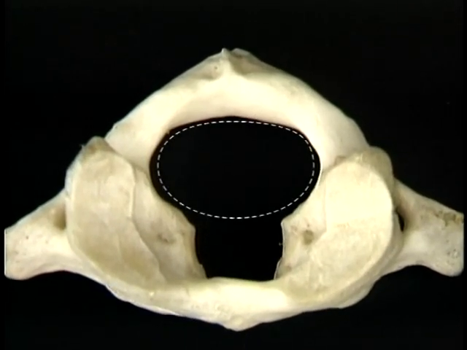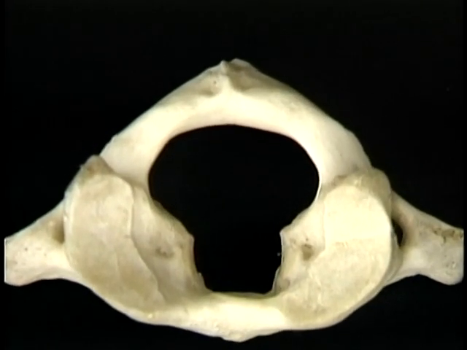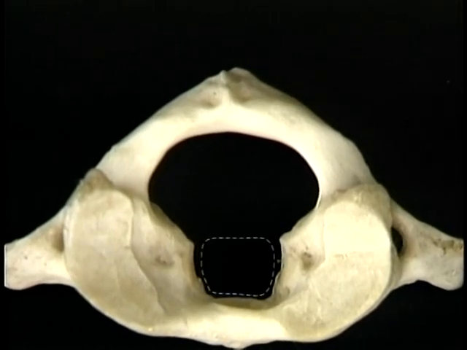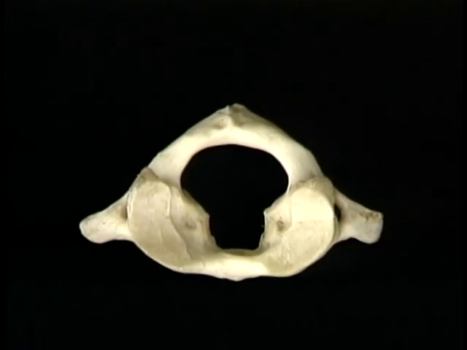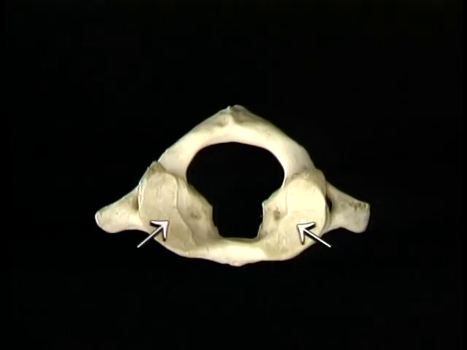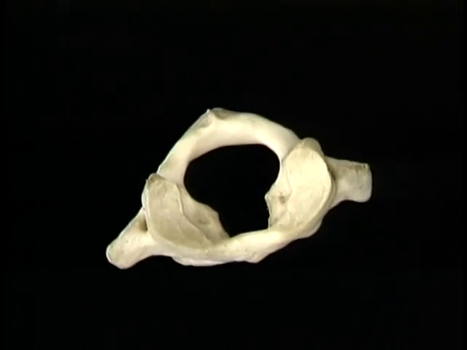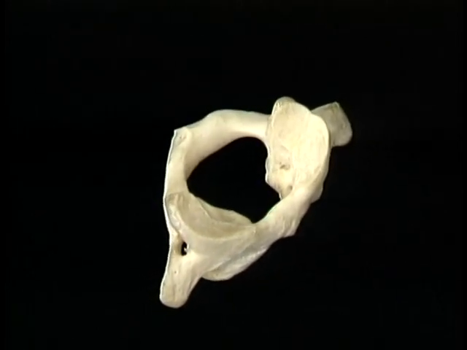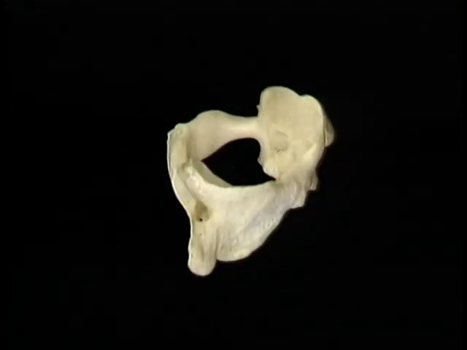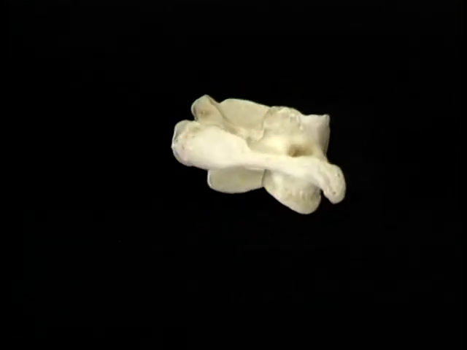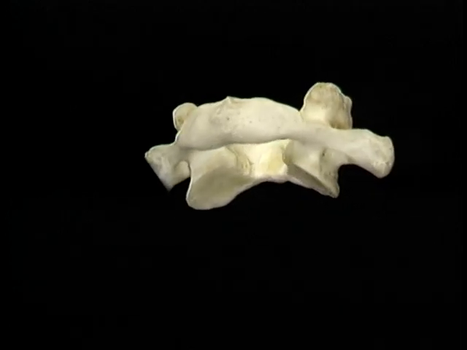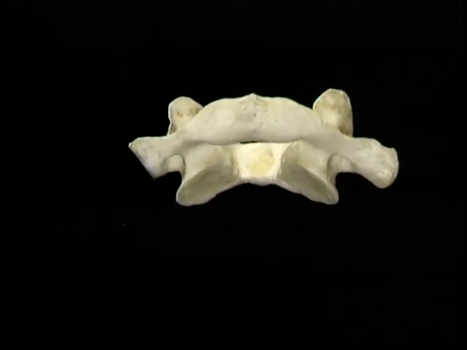This part is occupied by the spinal cord, this part by the odontoid process of the axis, which we'll meet in a moment. The upper articular surfaces of the atlas are shaped like parts of the inside of a cup to match the shape of the occipital condyles. The lower articular surfaces of the atlas are shaped like parts of the inside of a cone.